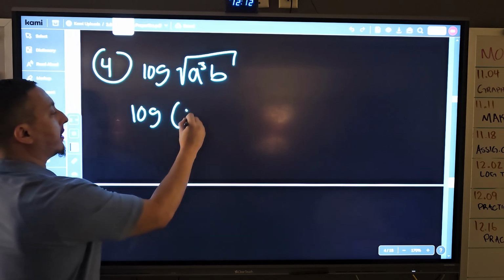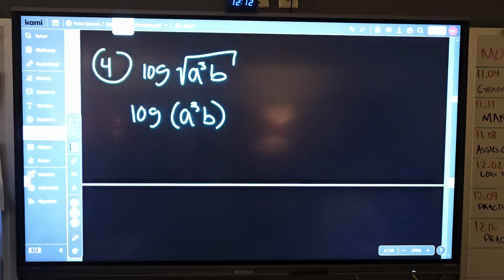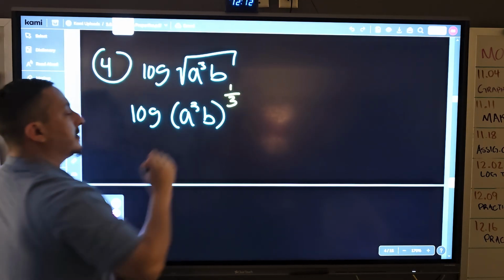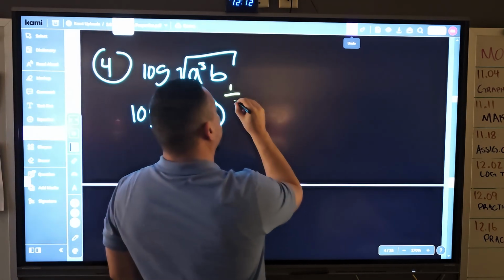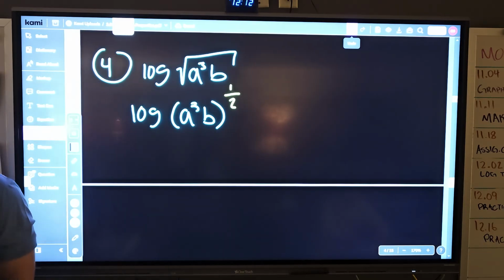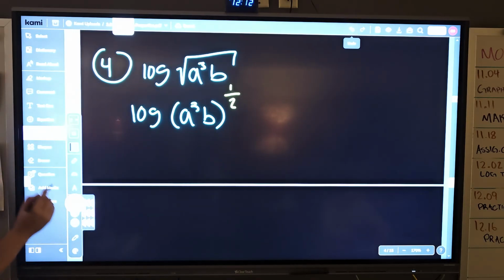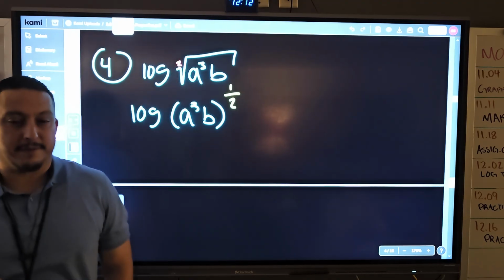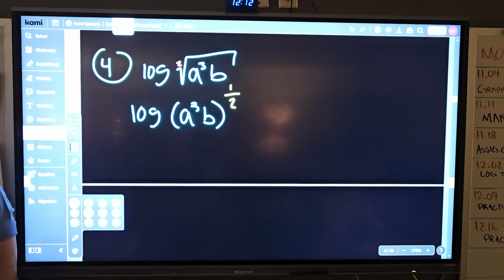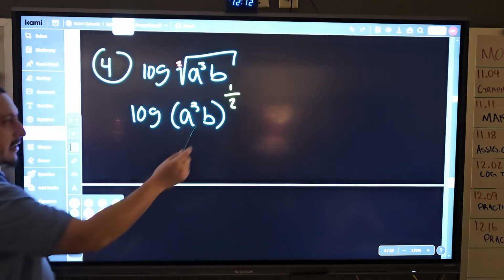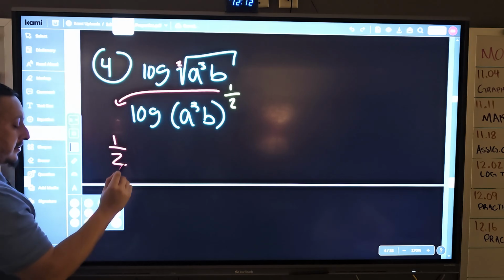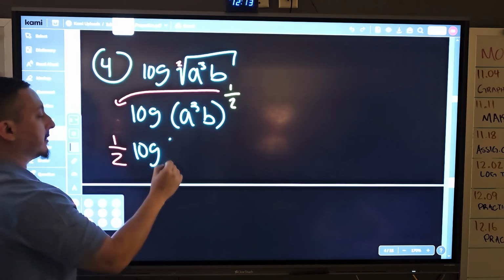How can I rewrite a square root as a power? 1/2. If a cube root is a third, a square root is a half. I know that's confusing, but in square roots, us math people know there's a 2 there, but we never put it there, and that's where the 1/2 comes from. Just like the last one, you can drop the half to the front. Remember, you're going to use that power rule very frequently.